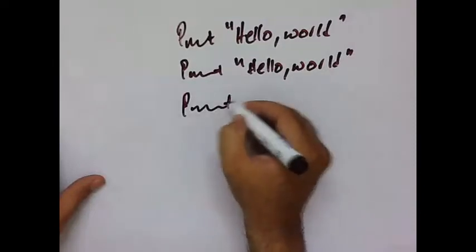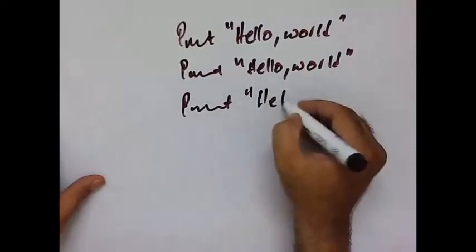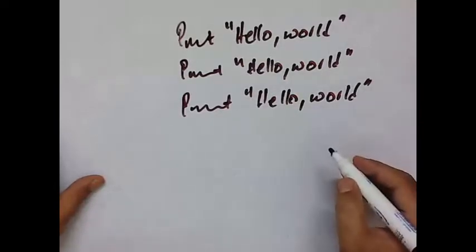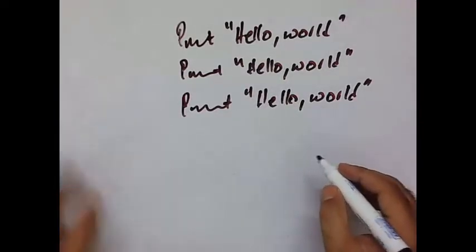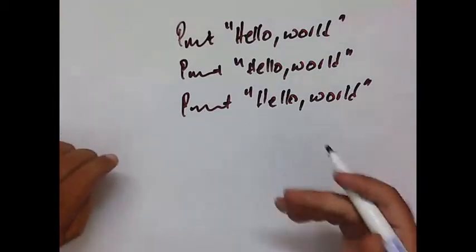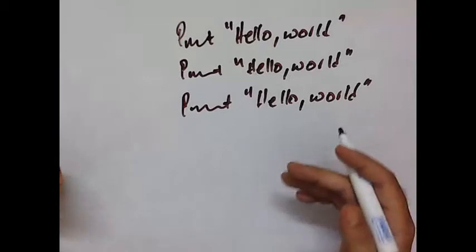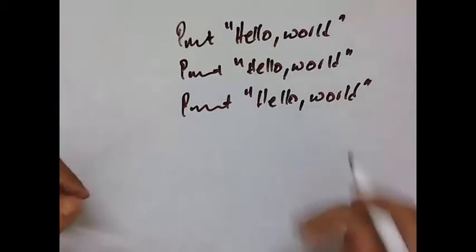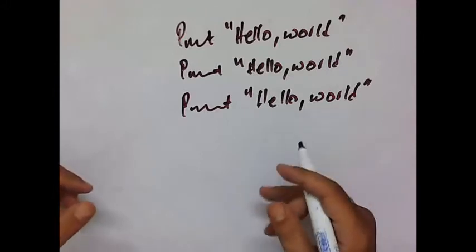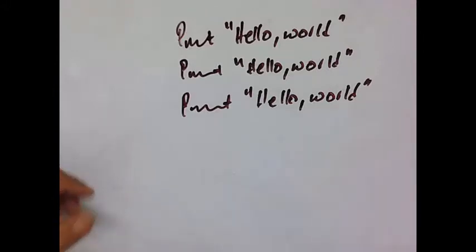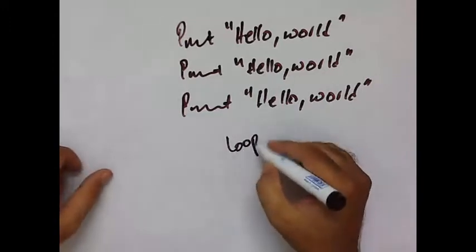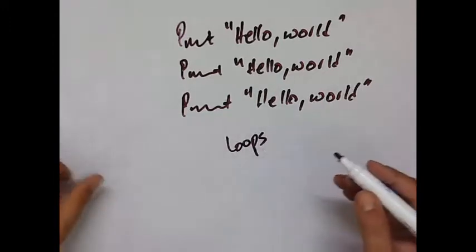Now of course, as you can already see, this becomes very time consuming and tedious to write something over and over again, and also if we keep on typing something over and over again, the chances are that we are going to make a mistake. So in order to overcome this problem, we have the concept of loops in programming languages.